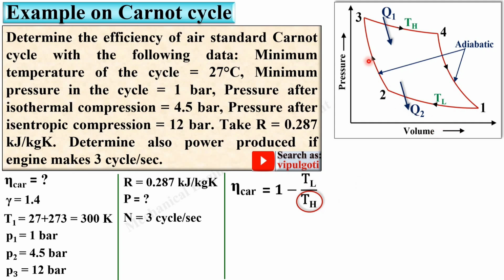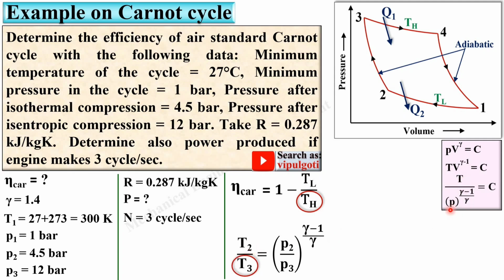And again you know that this 2-3 is actually the adiabatic process, and the equation is T by P raised to gamma minus 1 upon gamma is equal to constant. In fact, there are 3 different equations for the adiabatic process. You can use any one out of these 3 equations. But here I am going to use this third equation for the process 2-3 because I know P2 and P3, that is given to you.